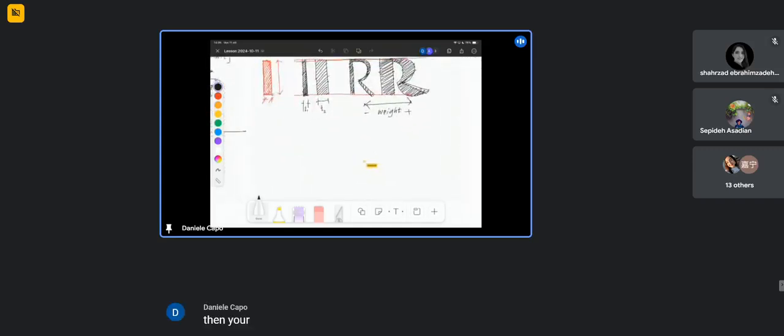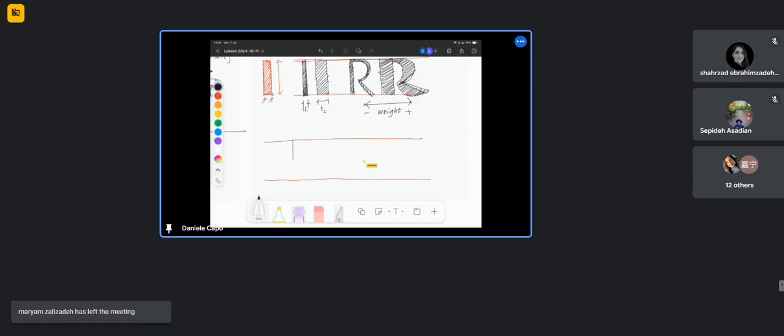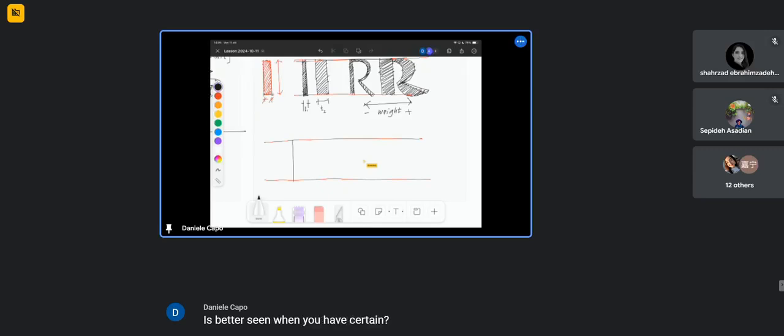Then the other variable that we have is contrast. Contrast is better seen when you have a certain weight.